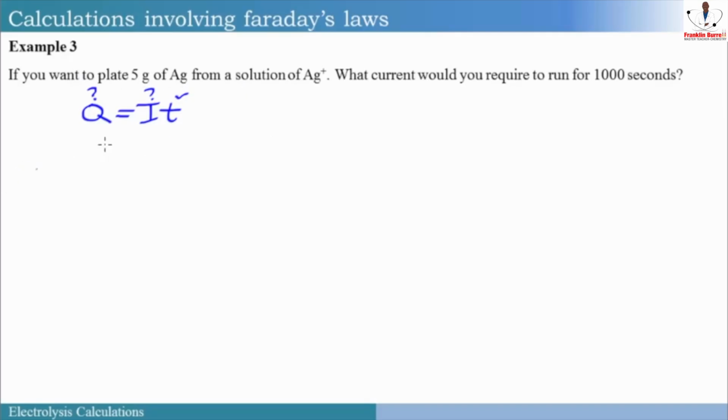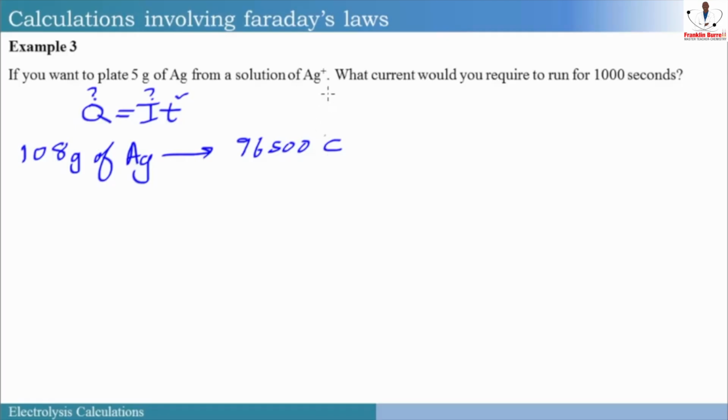Now the mass of 1 mole of silver is 108 grams per mole, or 108 grams, since it is the mass of 1 mole. So let us start by saying now 108 grams of silver will produce 96500 coulombs.